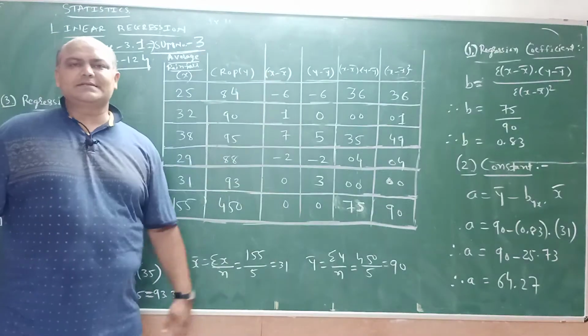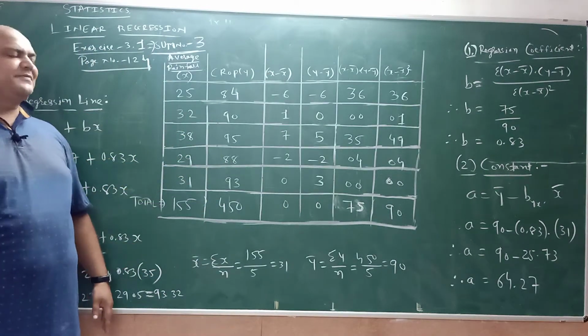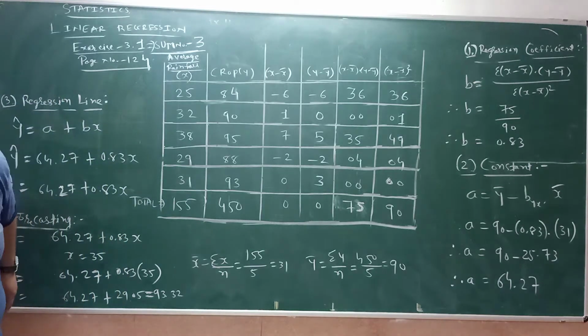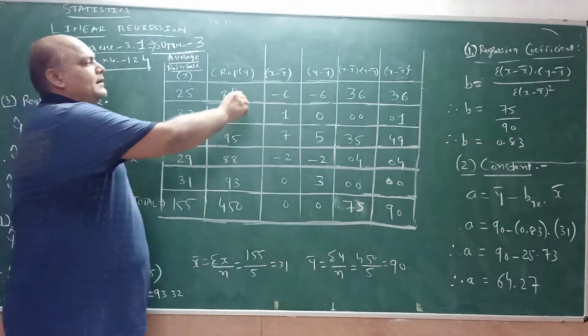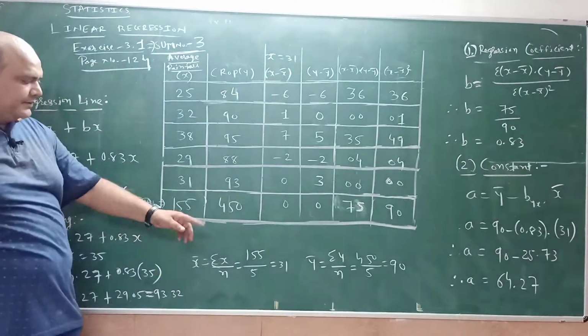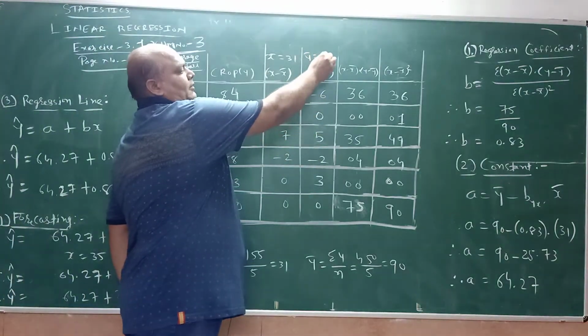Now x minus x bar. From all the values of x, we have to deduct the value of x bar. The value of x bar here is 31 and the value of y bar is 90.